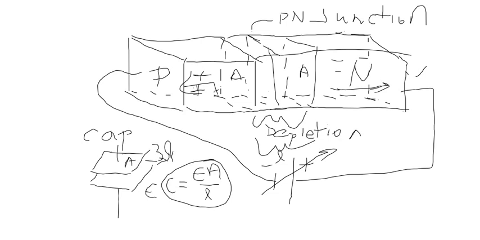A bigger V on the battery is going to make a wider depletion region, and a smaller V is going to make a narrower depletion region.